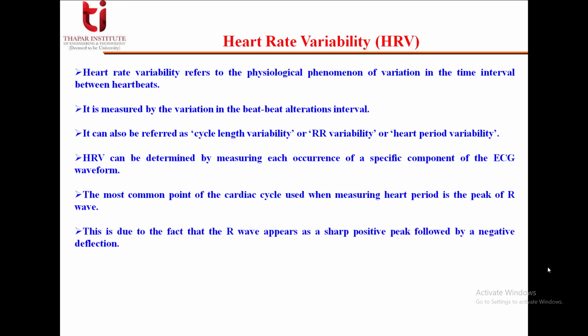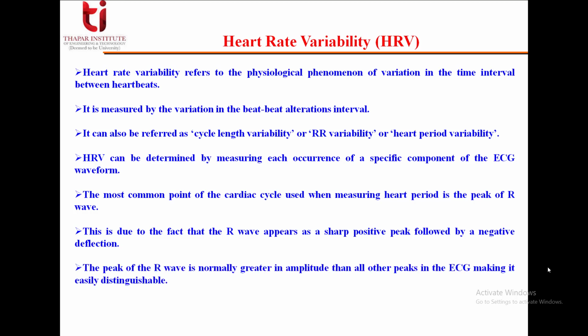This is due to the fact that the R wave appears as a sharp positive peak followed by a negative deflection. The peak of the R wave is normally greater in amplitude than all other peaks in the ECG, making it easily distinguishable.